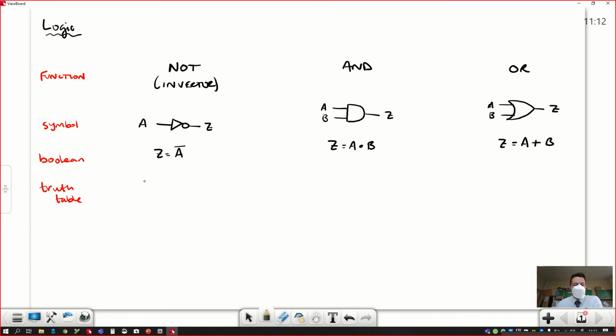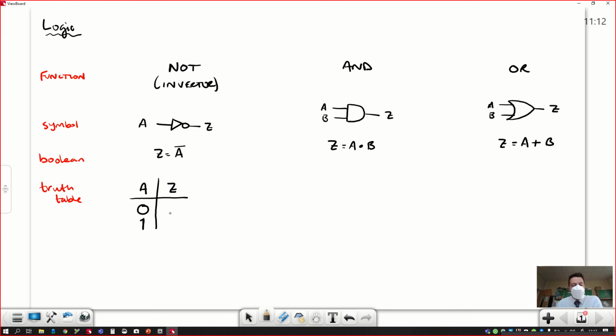For the truth table, a truth table is where we map out all the possible combinations of input and show what the outputs are for them. In this case, we've only got 1 input and 1 output. The input can either be on or off, and we show this using zeros and ones, where 0 is off and 1 is on.